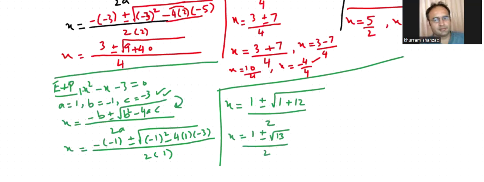So these are the two values. We can write these values separately: 1 plus square root of 13 divided by 2, and you can also write 1 minus square root of 13 divided by 2. So this is the way to calculate the zeros of the second degree polynomial, or the solution of a second degree equation.